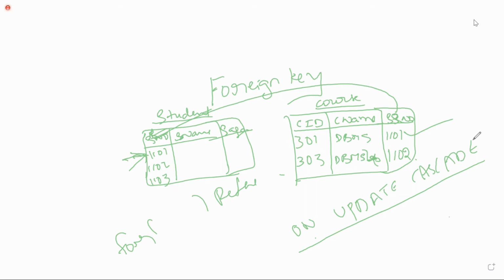And even suppose the first record which is written, imagine that the number was not there in the list. Then what will happen? See, if there was no student, then what is the use of maintaining a record in this?